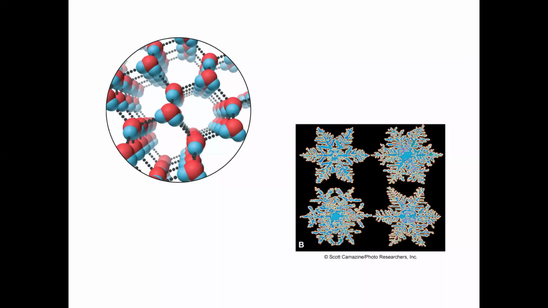What this means is that water expands upon freezing. When it goes into the solid phase, in order to satisfy all these hydrogen bonds, it adopts this hexagonal crystal phase, which means that it expands its structure. And in expanding its structure, solid water is less dense, and therefore it floats on top.